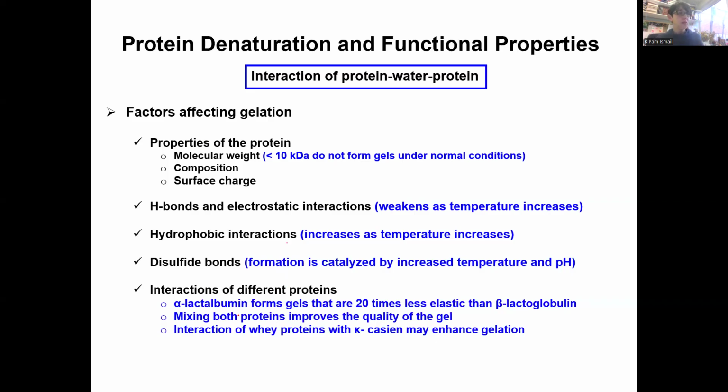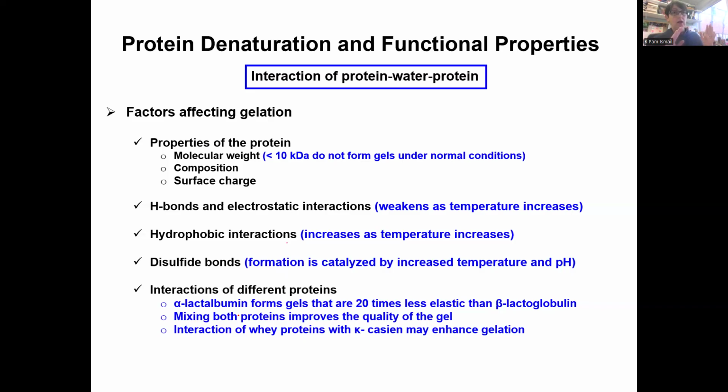And then, in an application like yogurt, for example, they sometimes add whey protein isolate to yogurt formation to enhance the gel matrix and also prevent syneresis over time. So enhance the water holding properties. What happens is kappa casein has disulfide linkages, not a lot, maybe one per molecule.